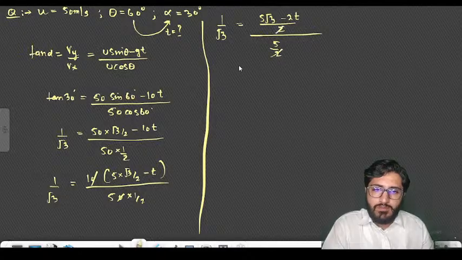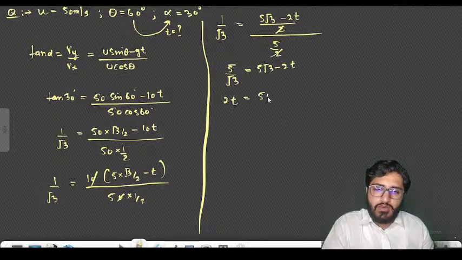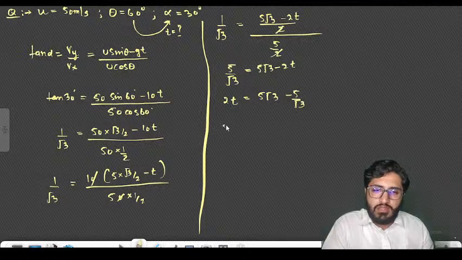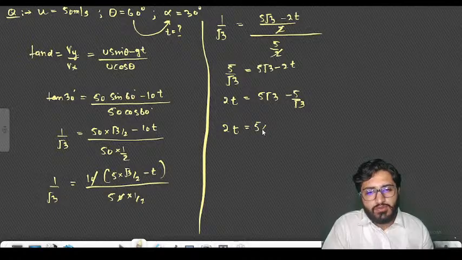The 2s cancel out. So I have 5 divided by root 3 equals 5 root 3 minus 2t. So 2t is equal to 5 root 3 minus 5 by root 3. So 2t equals 5 root 3 into root 3, that will be 5 into 3, minus 5, whole divided by root 3.